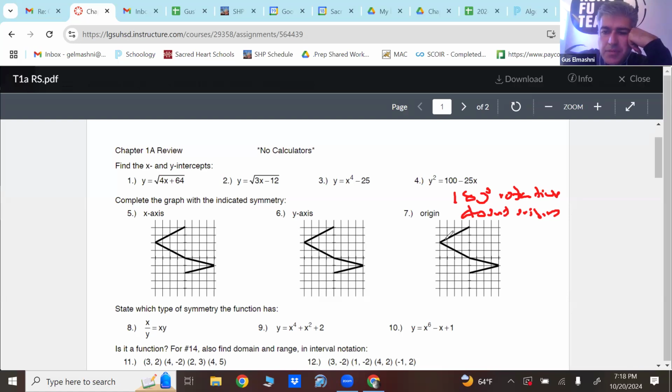So you'd have a point at -4, 2. So you have a point at 4, -2. 0, 4. So you have a point at 4.